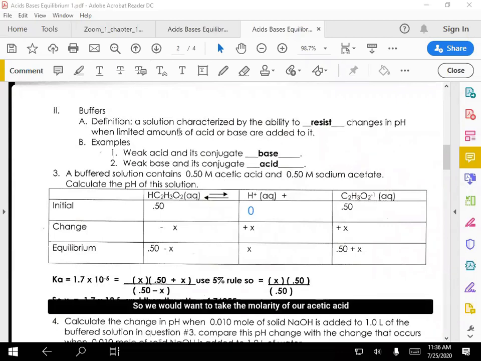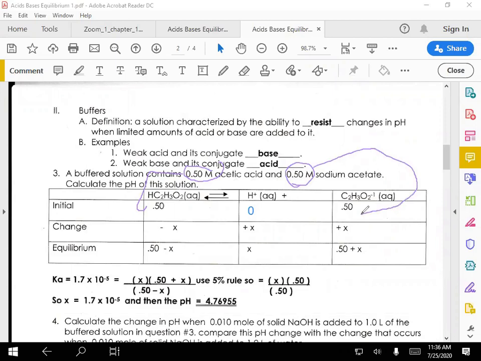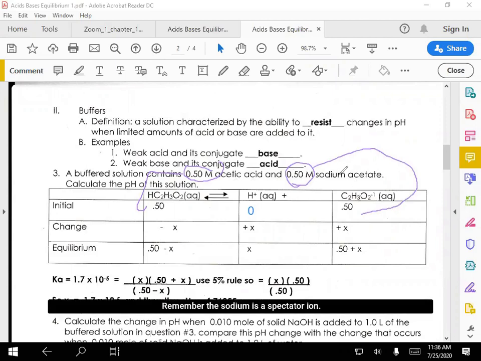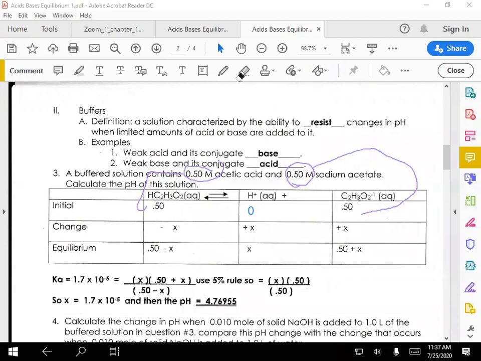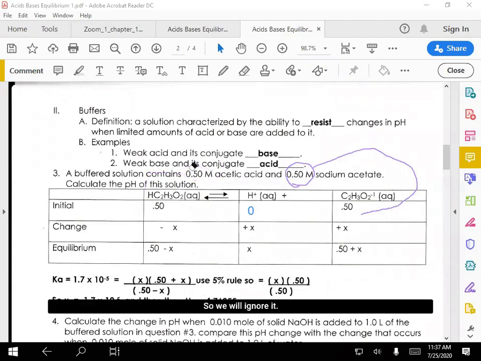So we would take the molarity of our acetic acid from the problem and put it in for our initial molarity of acetic acid here. And then we would take the molarity of the acetate and put it in for our initial molarity here. And remember, the sodium is a spectator ion, so we will ignore it.